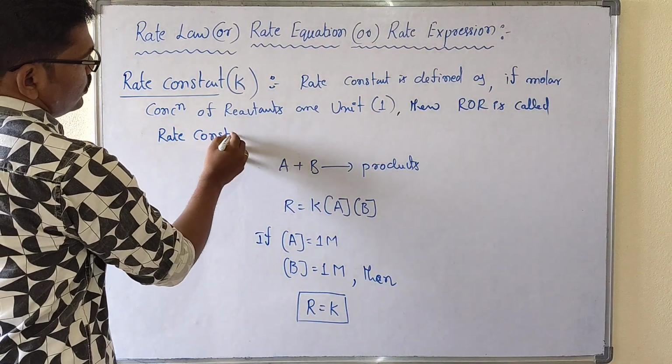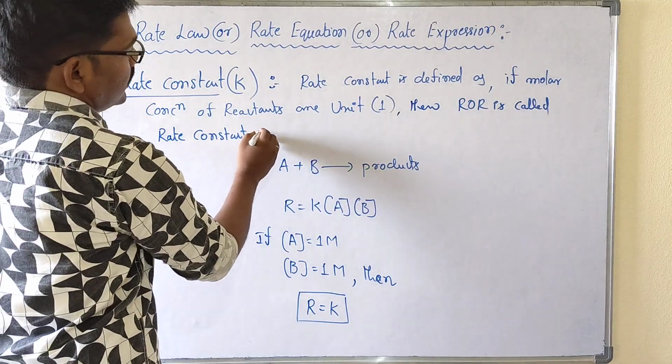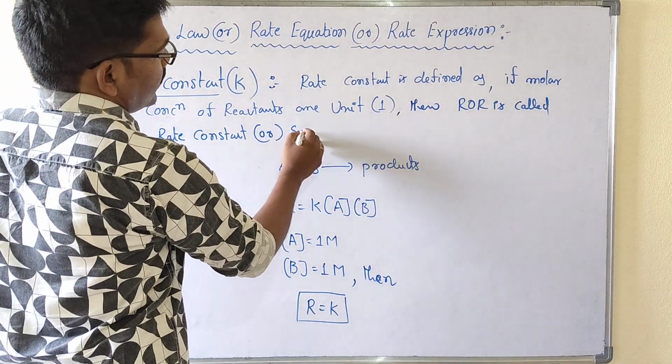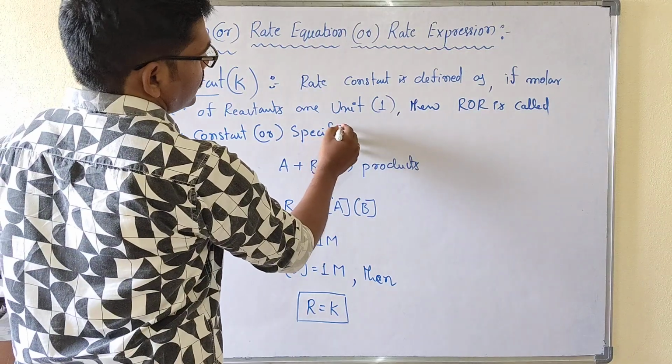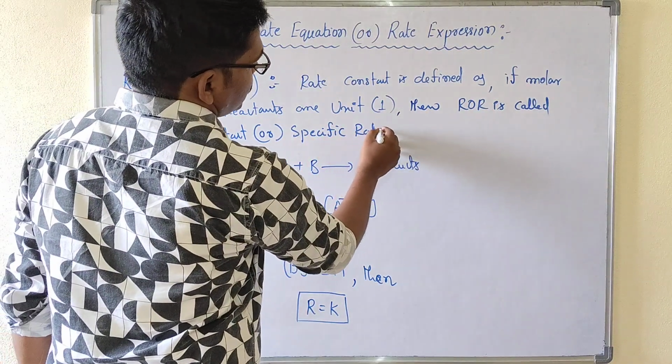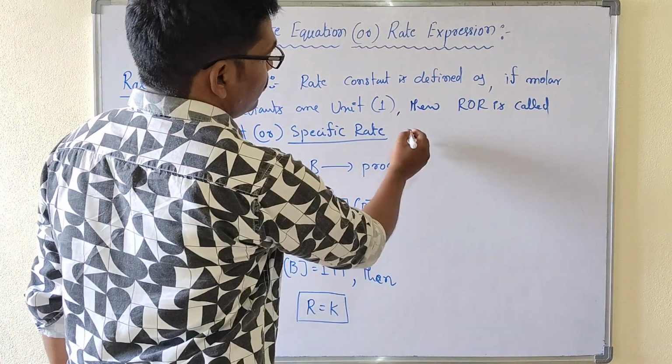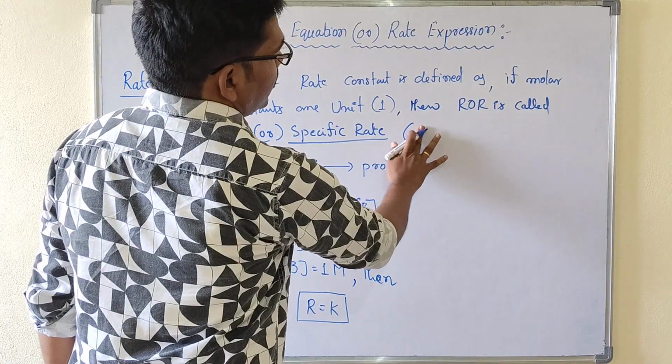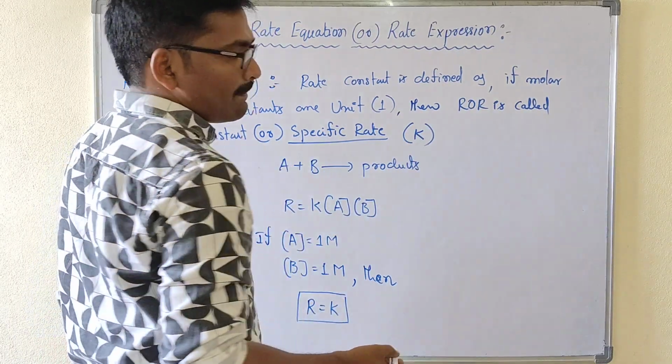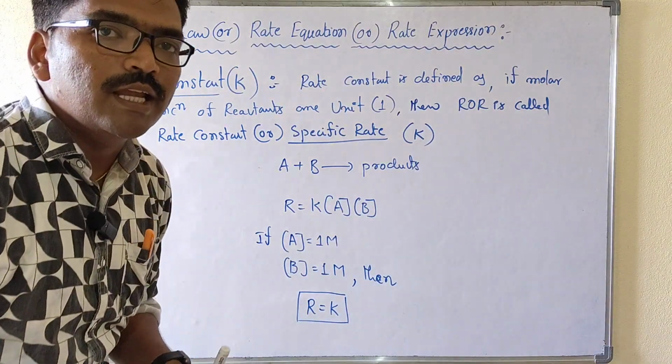We also call this the specific rate. So rate constant or specific rate can be denoted by K.